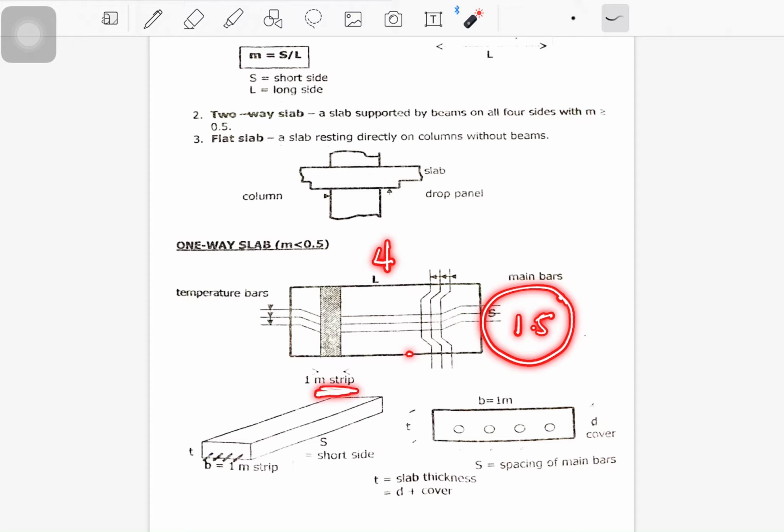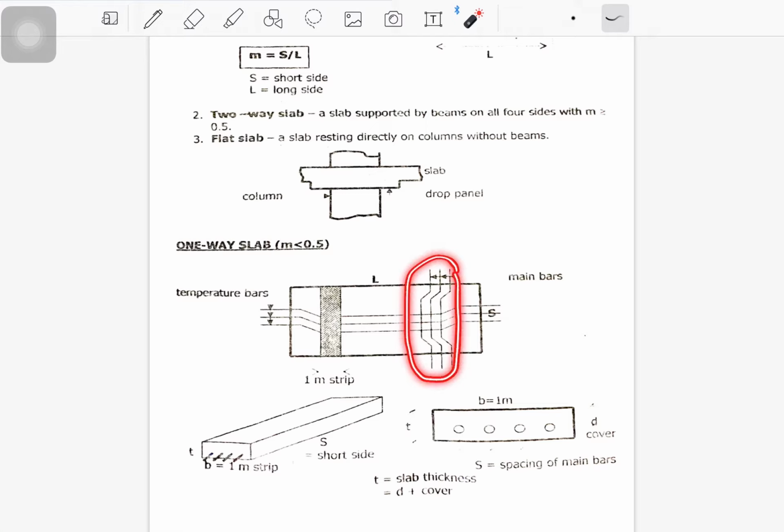So this is the main bar of the one-way slab, and this is the temperature bar of the one-way slab. Considering the 3D section, you have the short side with the whole slab.